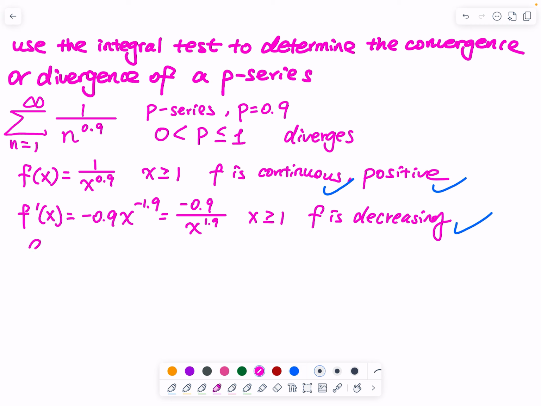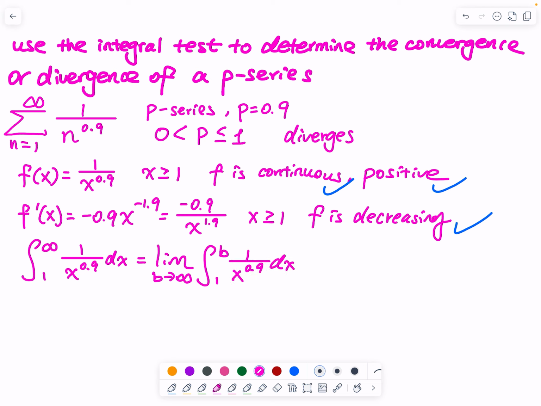We set up an integral from 1 to infinity of 1 over x to the 0.9 dx, which equals the limit as b approaches infinity of the integral from 1 to b of 1 over x to the 0.9 dx. We can just use the power rule.